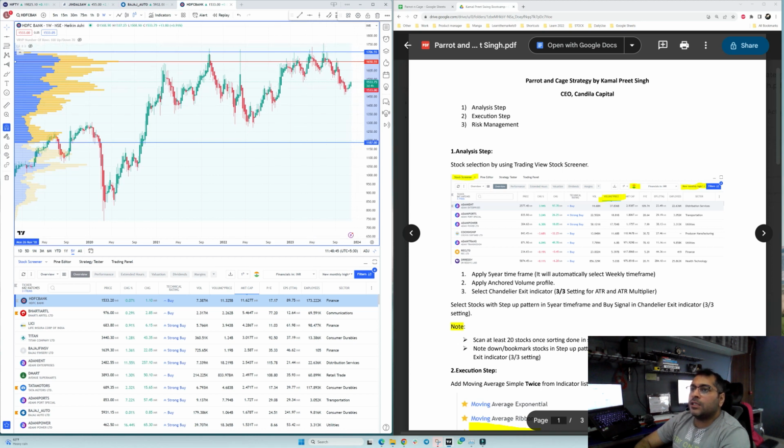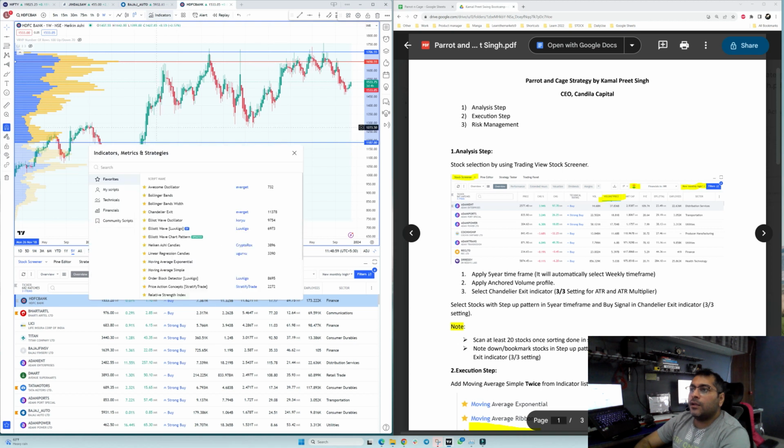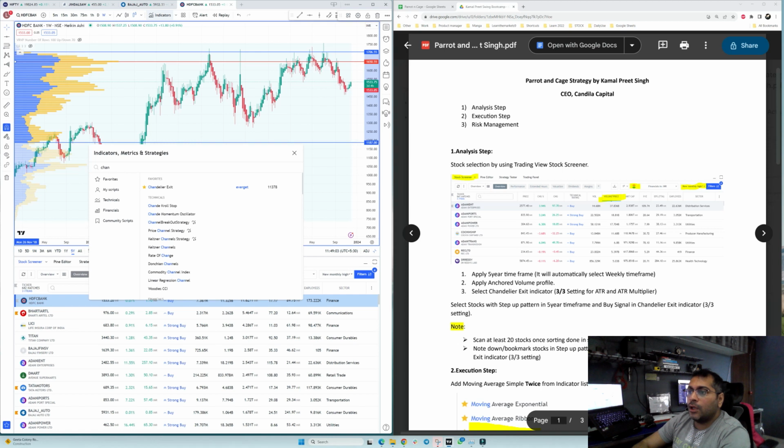Now the second step is to recognize the pattern which is formed along with the CE indicator. Here, for selecting the CE indicator, I want to type CHANDELIER.